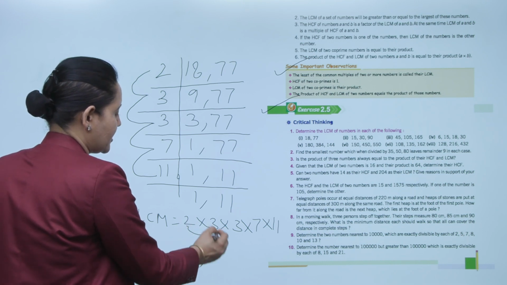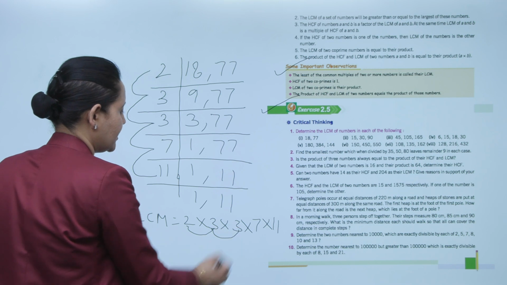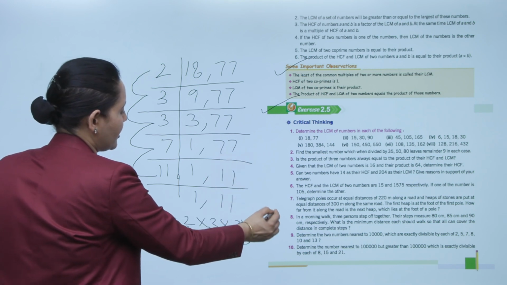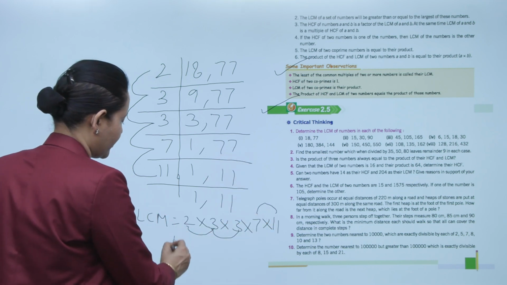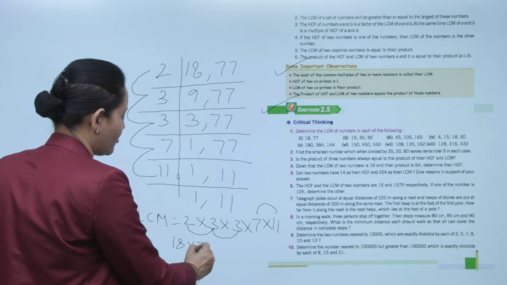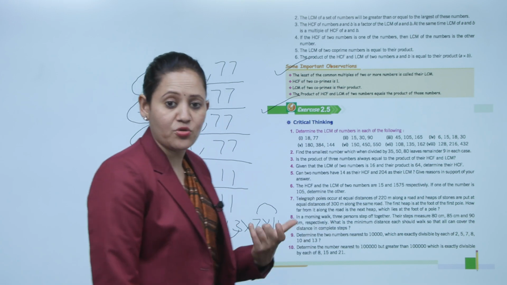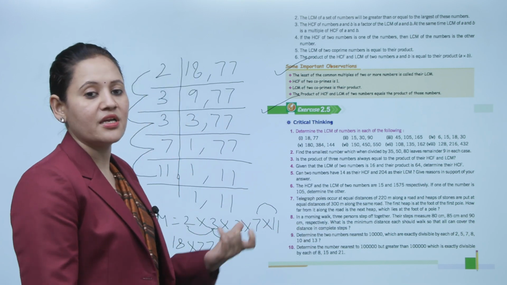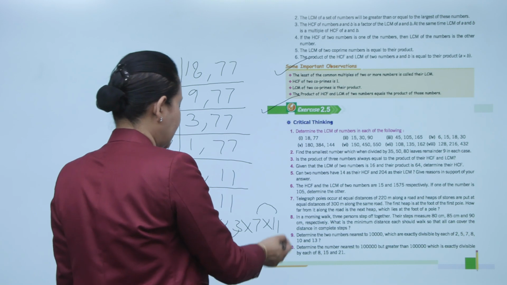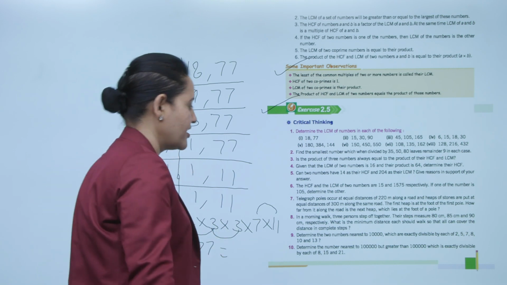That is 18 and 77. So here we can note down one thing: 18 and 77 are co-prime numbers, so their LCM will be equal to their product, 18 into 77.